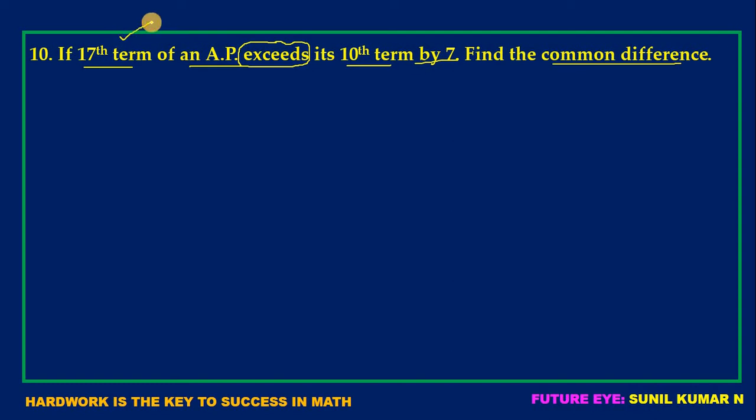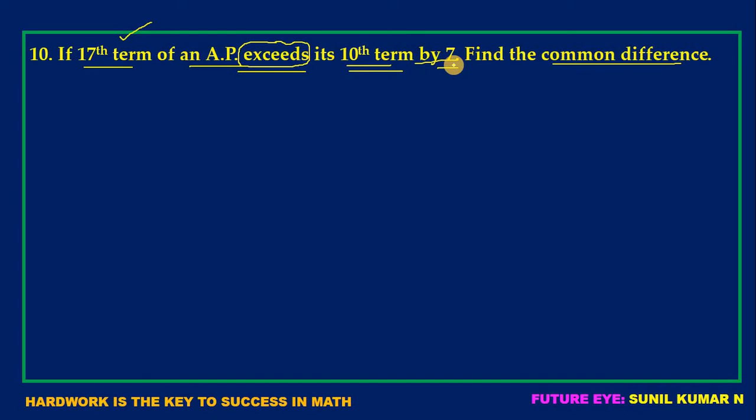This 17th term exceeds. Exceeds in the sense more. So the 17th term is more than its 10th term by 7. Understand clearly. It means compared to the 10th term, the 17th term has 7 more.